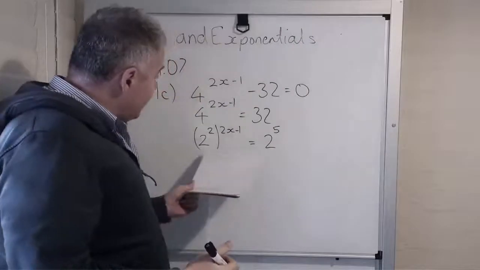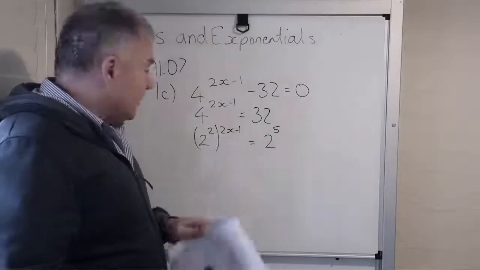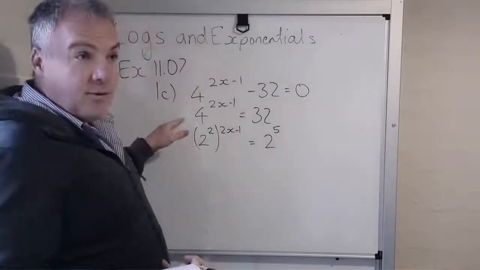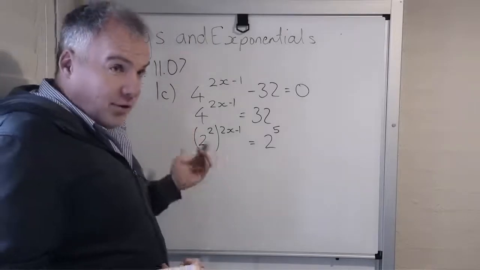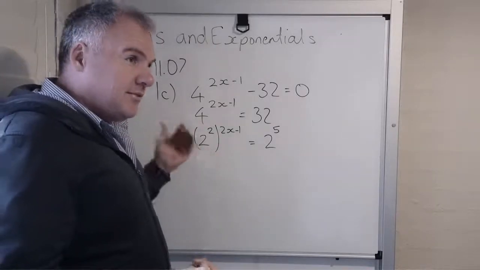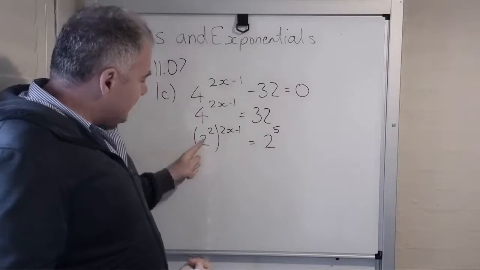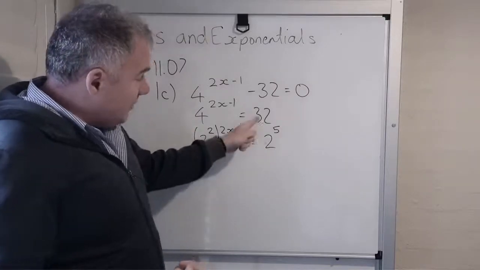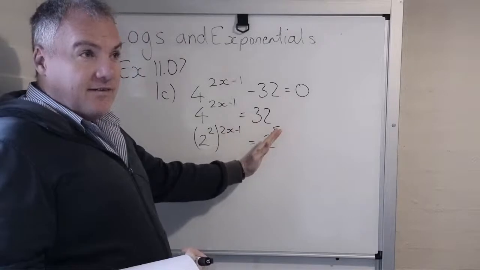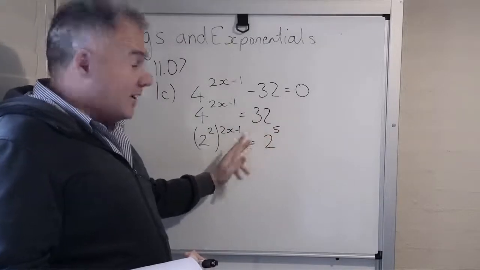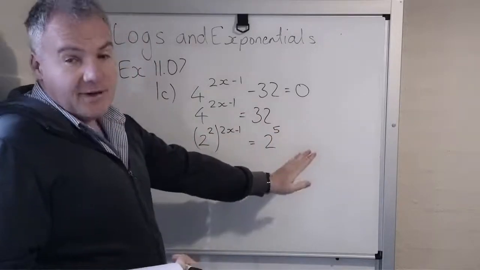And my job here was to get both bases the same. So 2 is the smallest base of 4. Like 4 is 2 squared. So I can write that 4 as 2 squared inside brackets. And then 32 is 2 to the 5. Okay? And so now I've got them both with 2 on the base.